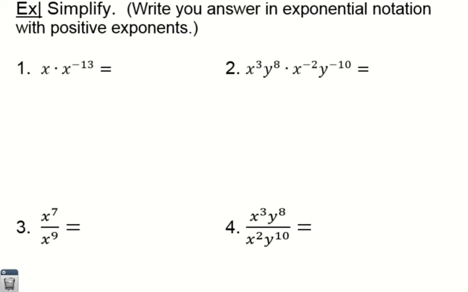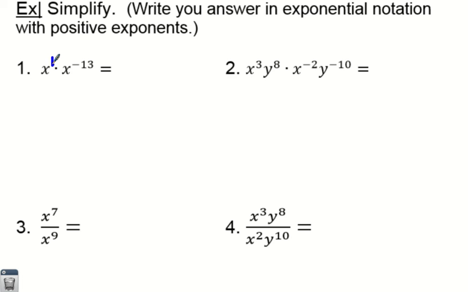Okay? So here we go, some examples. Let's go, number 1. You could deal with this being a negative power as the first thing you do, but what I'm going to do first instead, it's not more correct or anything, just what I prefer personally, is multiply this x, which is technically a 1 power: x to the first times x to the negative 13th.